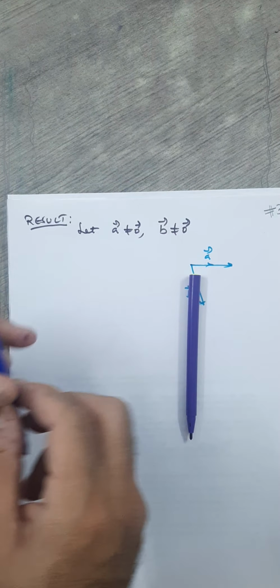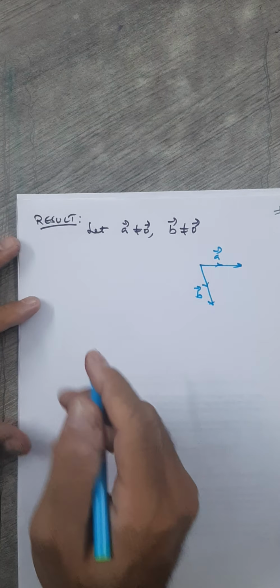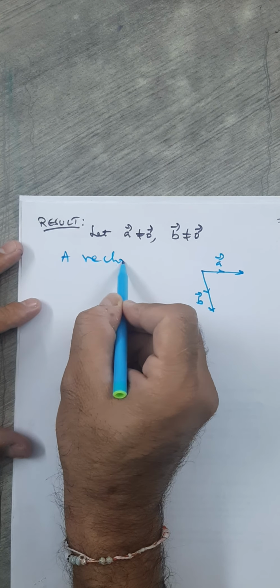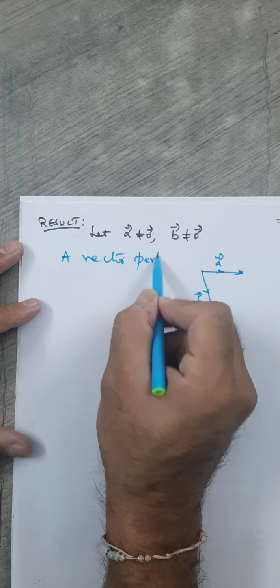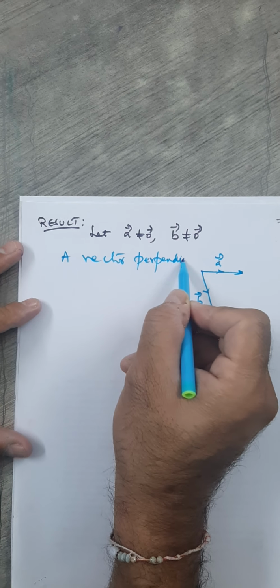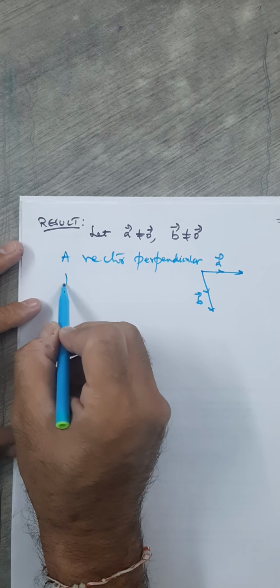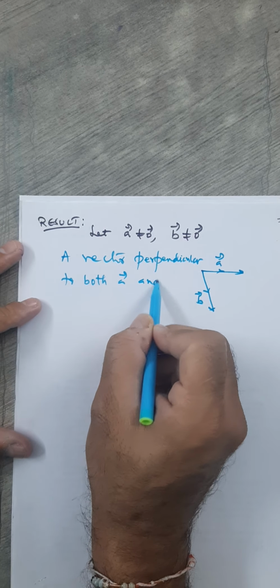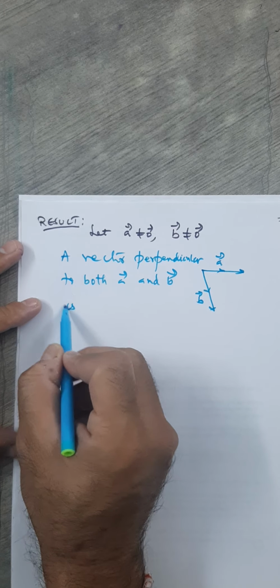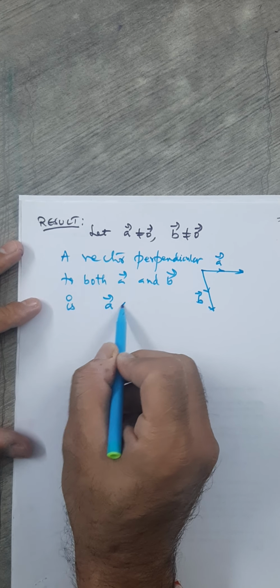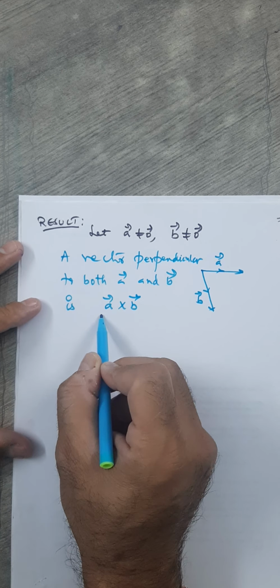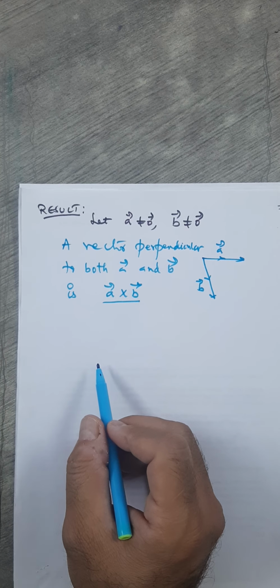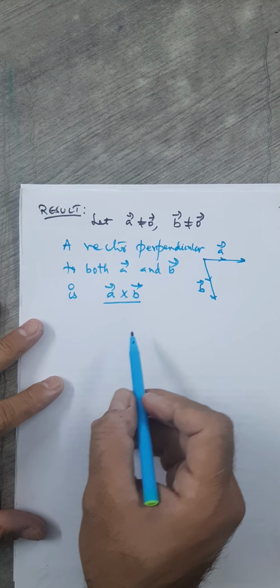So I'll write here: a vector perpendicular to both vector A and vector B is the cross product. Fine. Now the direction of this is according to the right hand thumb rule, you know it.